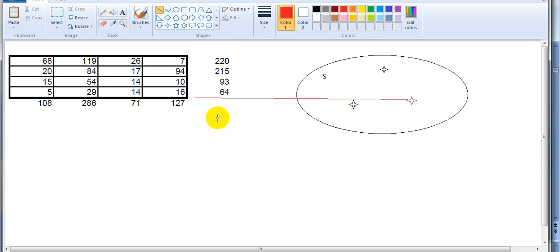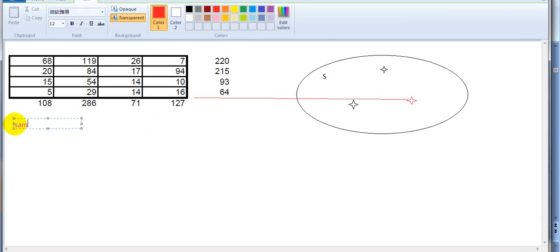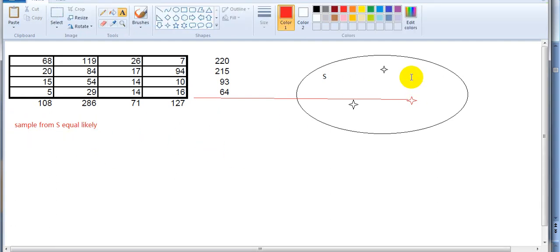So what we want is to sample from this S uniformly, which means equally likely. All the tables are equally likely to be sampled. For example, I want 1,000 tables equally likely sampled from here. How can we do that?